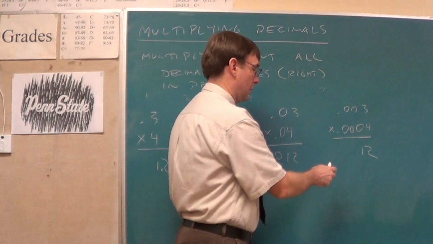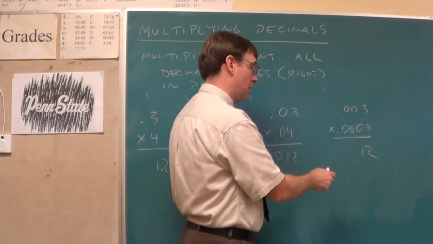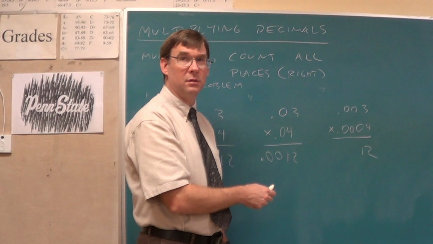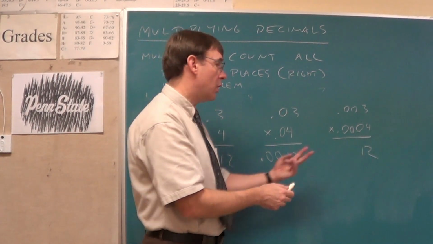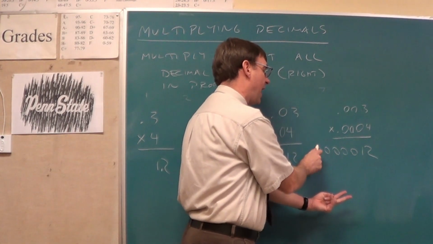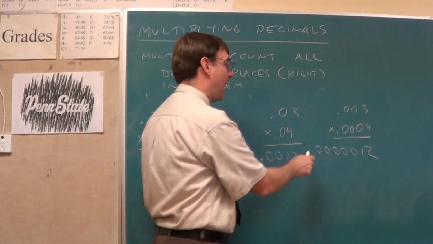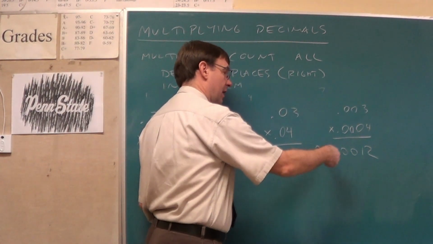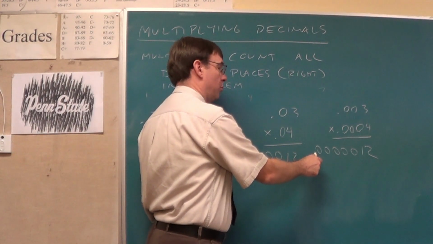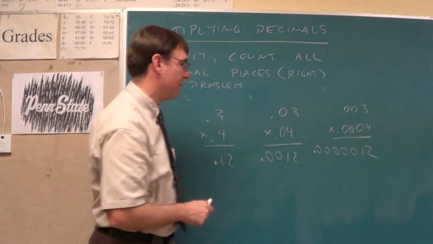Add 5 zeros. Why 5 zeros? Because we already have the 12 as 2 of our numbers. Then we need 5 more zeros to get up to 7. And then where's the decimal dropping? Before everything starts.